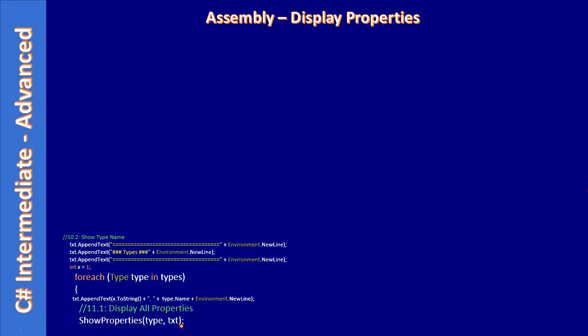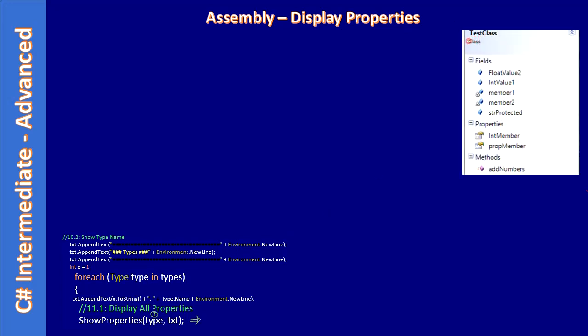Inside we will write one more function called ShowProperties, and for this ShowProperties we are passing the type. So in each iteration we will get one class. That means we are passing that class retrieved and then our text box instance.